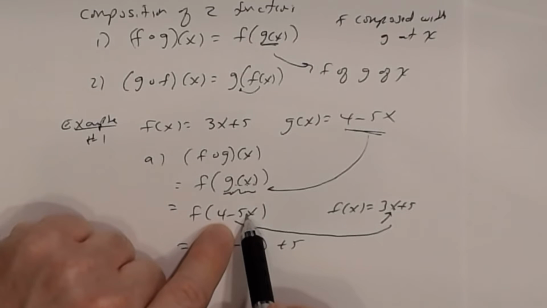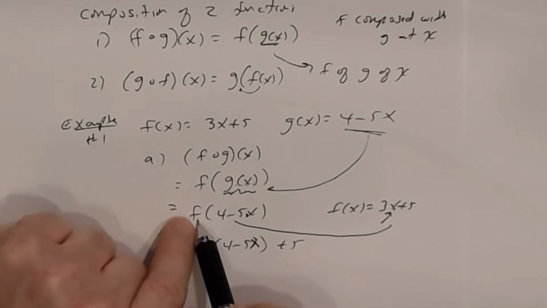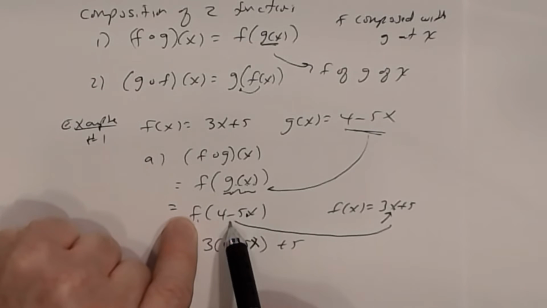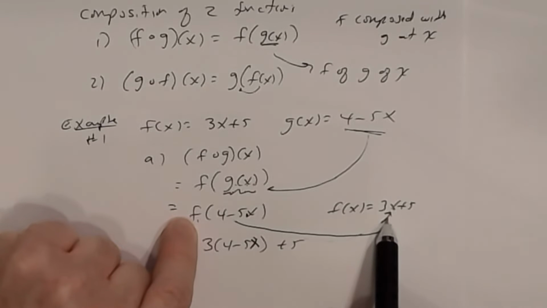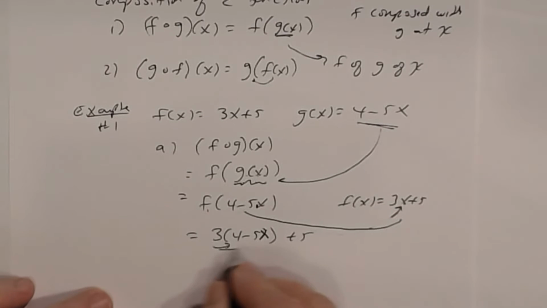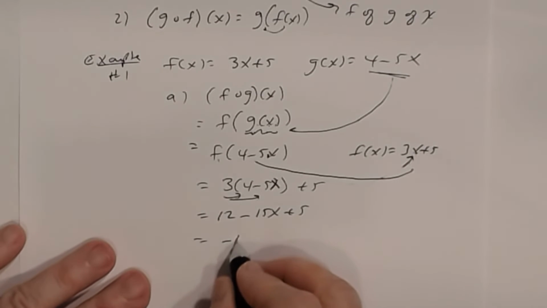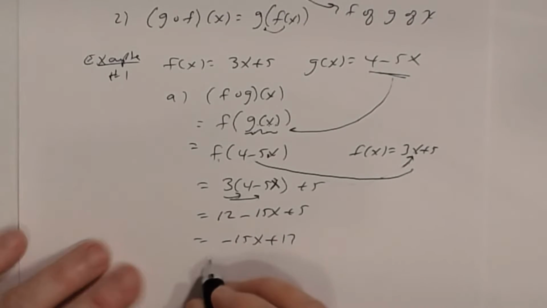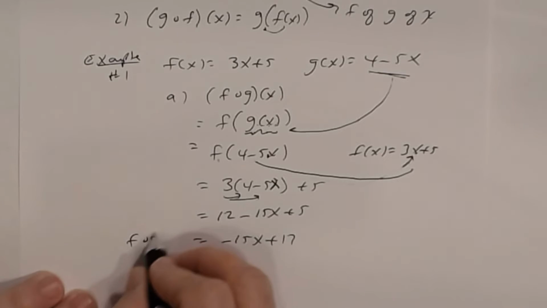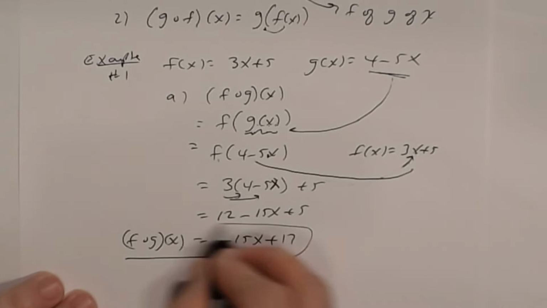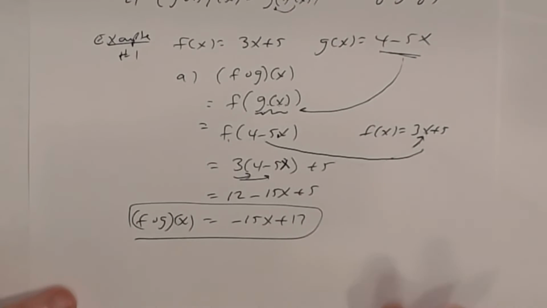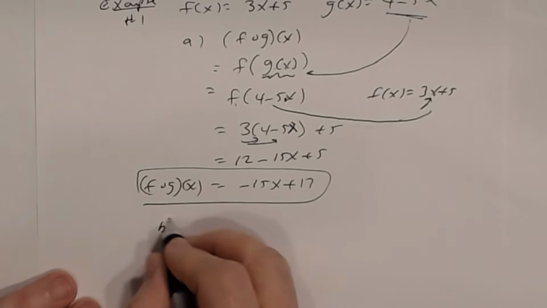And then, based on what you had a couple of weeks ago, you go to your function f, and wherever you see the variable, you substitute 4 minus 5x. And then you get rid of the parentheses, so you get 12 minus 3 times negative 5x, which is 15x, plus 5, which becomes negative 15x plus 17. So that is f composed with g at x. That's composition.